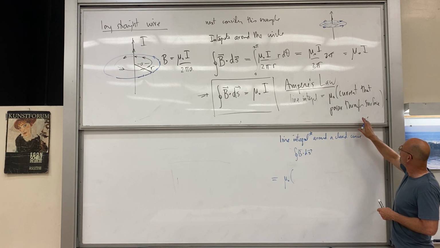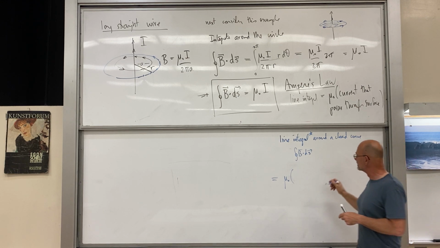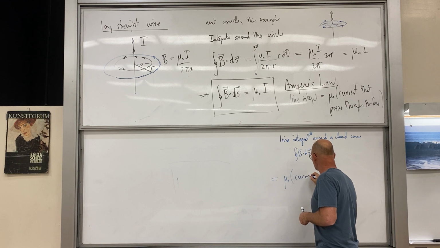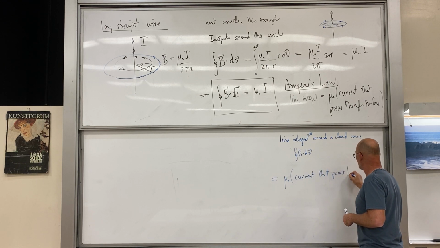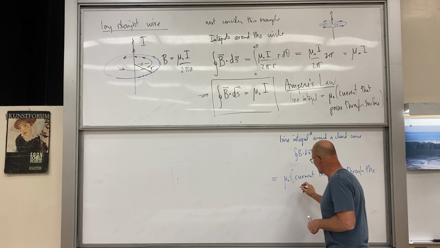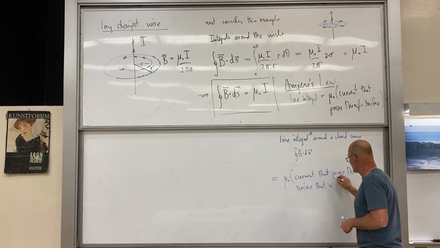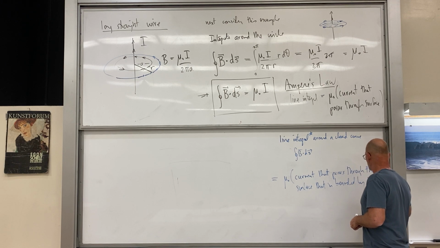The current that passes through the surface bounded by the curve. Let's write that down. Mu naught times current that passes through the surface that's bounded by the curve. By the curve that we just talked about.